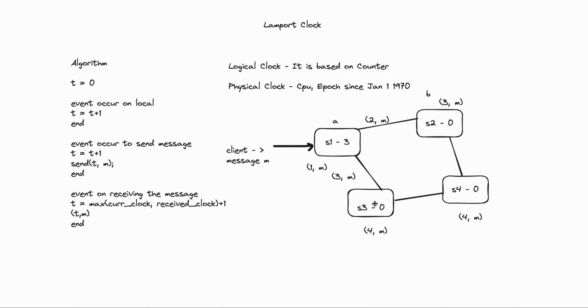Now 3 comes here and it becomes 4 comma m. Looking at how the data is stored: 1 comma m, then 3 comma m, 4 comma m, and 4. Whenever an event occurs, it increments the counter for any local event and sends the message with the counter. On receiving, it takes the received counter, increments it, and updates the local counter.